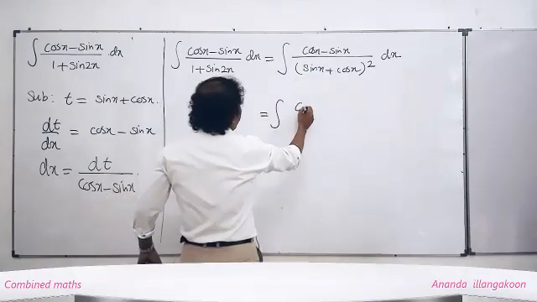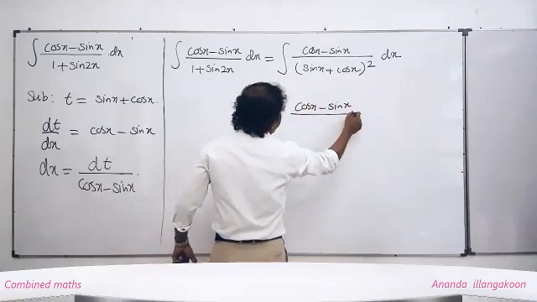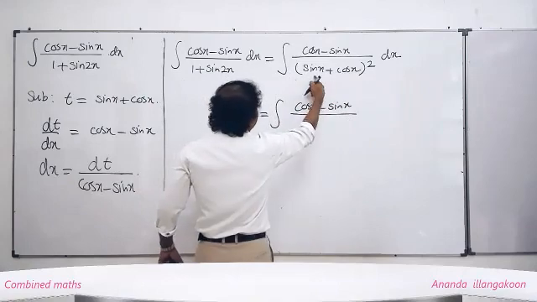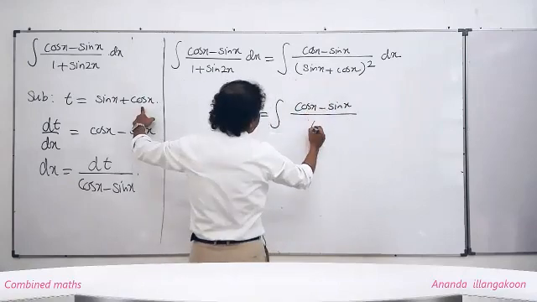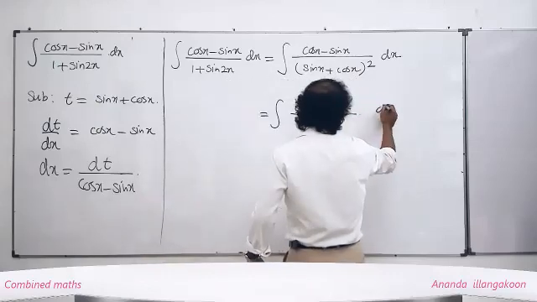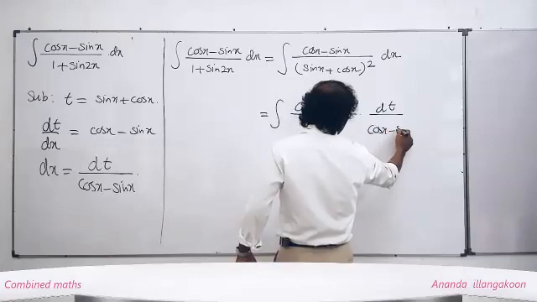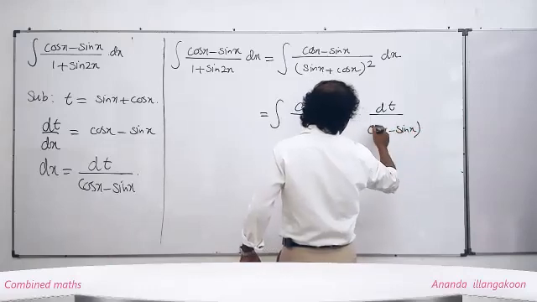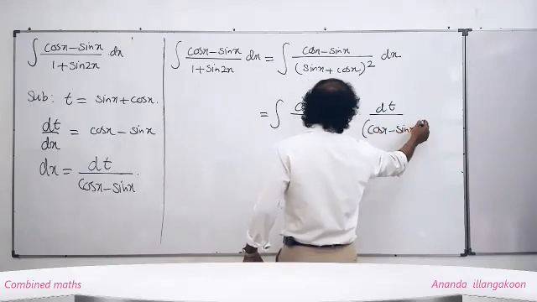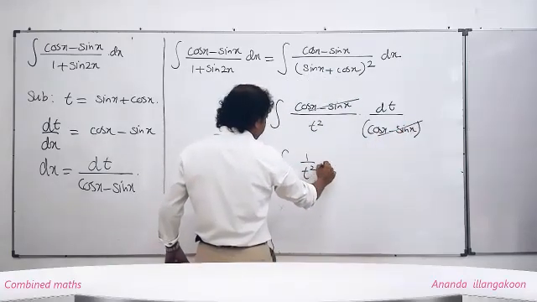Then cos x minus sin x divided by, this is t squared. dx is dt upon cos x minus sin x. These two you can cancel out. 1 upon t squared dt.